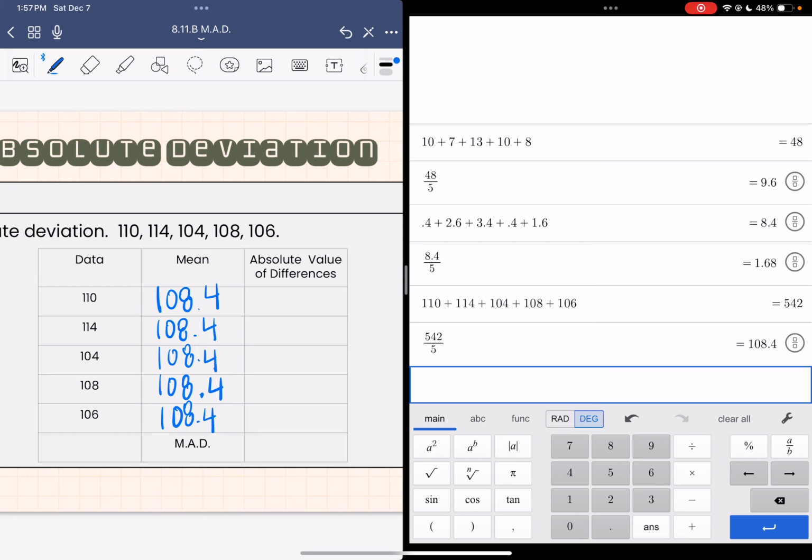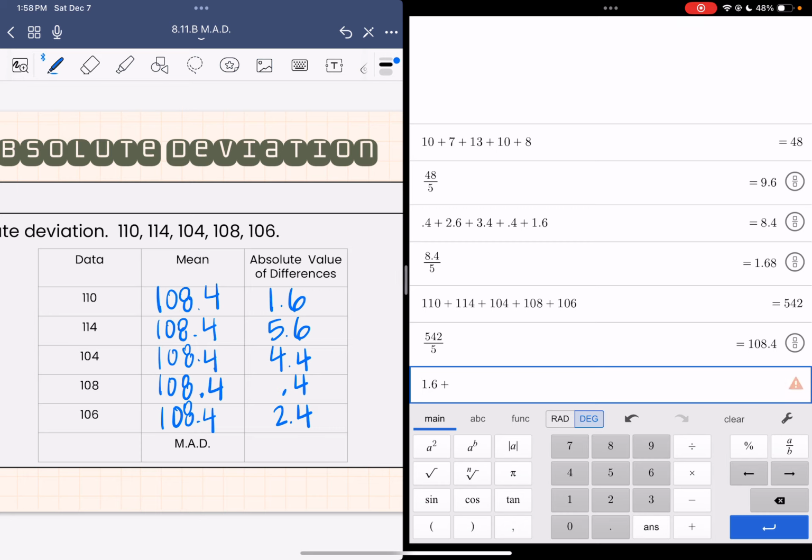Now we're going to find the difference from 10 to 8.4, which is 1.6. That would be 4, 5.6. This is 4.4. You can definitely use a calculator, and you don't have to do it the way I did it.